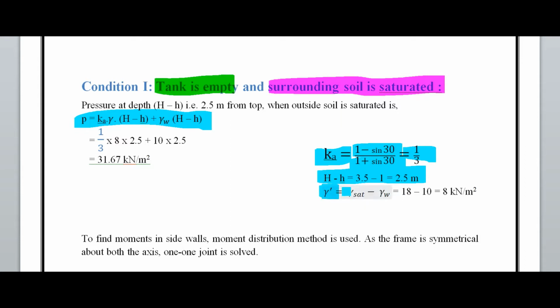Gamma dash is equal to gamma saturated minus gamma W, which is 18 minus 10, is 8 kilonewton per meter cube. For the pressure, 31.67 kilonewton per meter square.